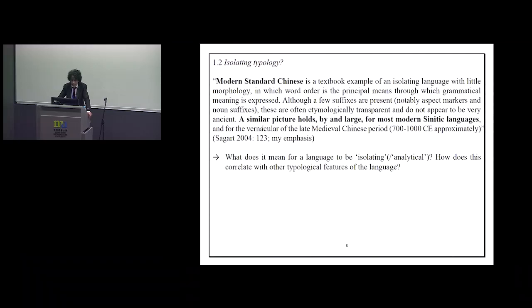Well, as you can see in this quote by Laurent Sagart, the idea that Chinese is a typical example of an isolating language is not applied only to Mandarin, to the standard language, but also generally to most modern Sinitic languages. And in practical terms, what does it mean for a language to be classified as isolating? How does this correlate with other typological features of the language?